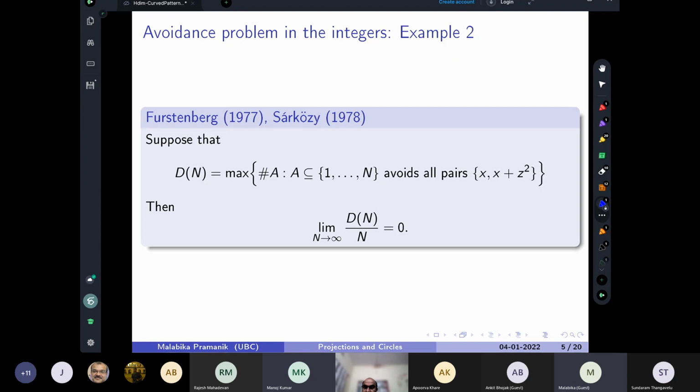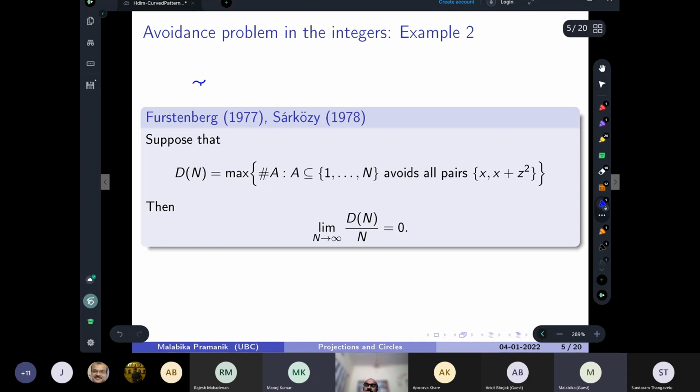This is what I'm going to call an example of a nonlinear pattern. Suppose that D of capital N is the largest possible cardinality of a set A, where A is a subset of the first N natural numbers, and it avoids all pairs x, x plus z squared.